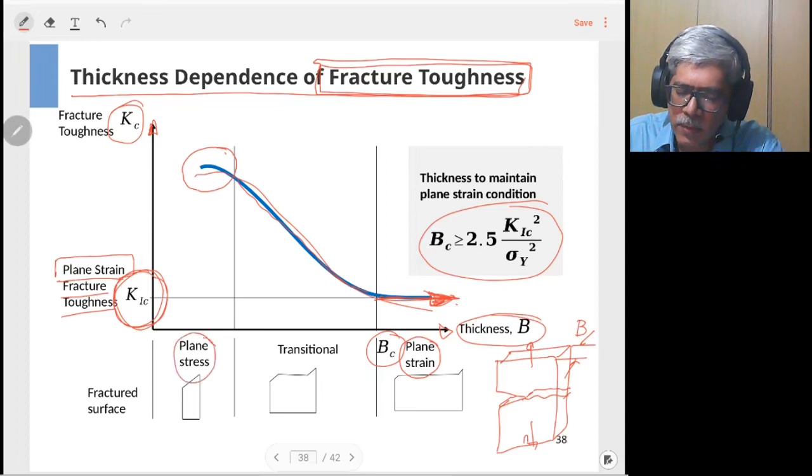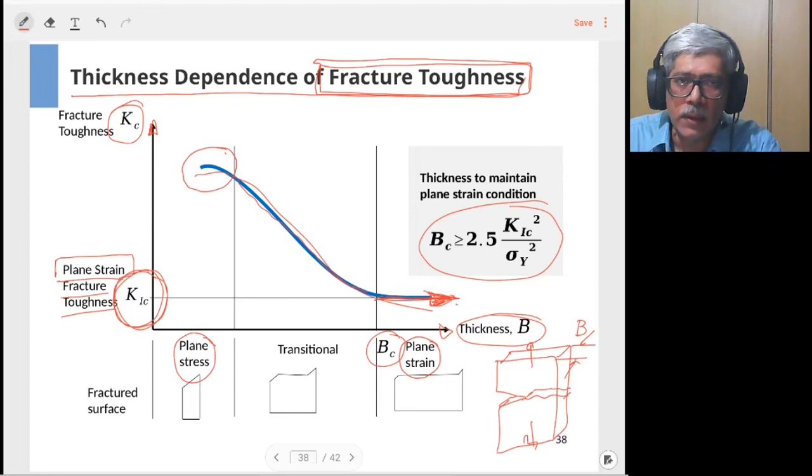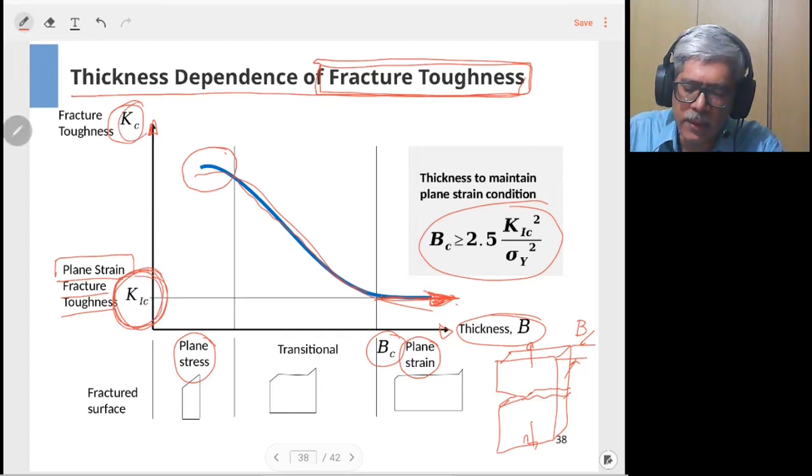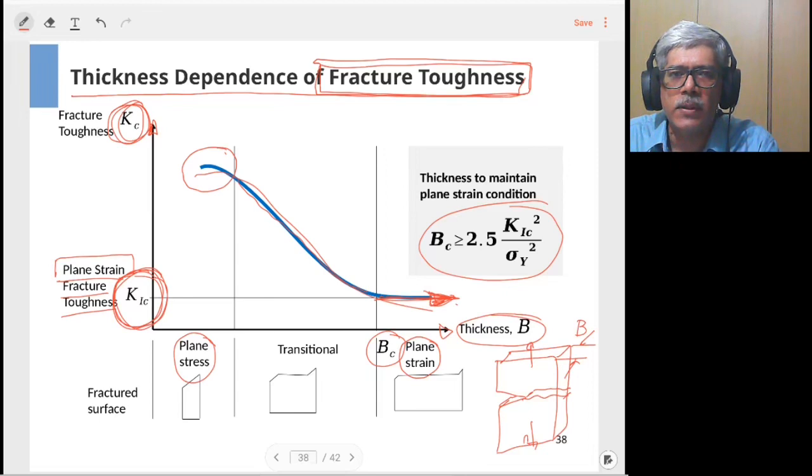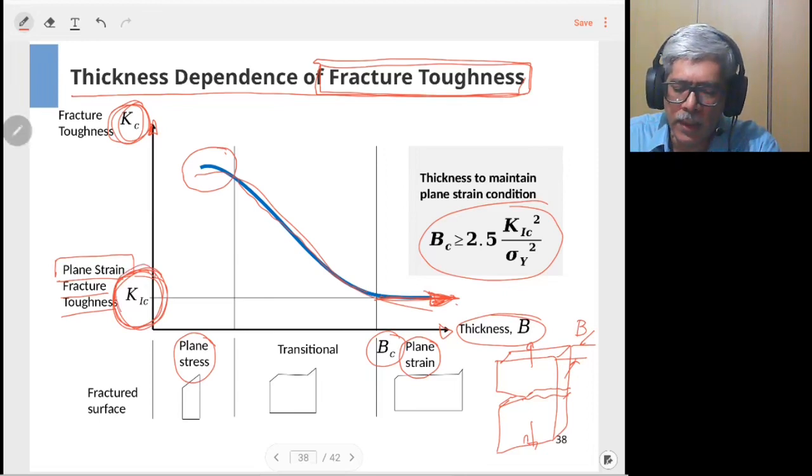Whereas the stress distribution for thin materials follows the plane stress distribution given in the Westergaard stress function. So for the purpose of calculations, one uses the value of K1C, and in general not KC, because that is not generally available in the data book. The thickness independent or plane strain fracture toughness is what is available in the design handbook, and that is what is used for the calculations.